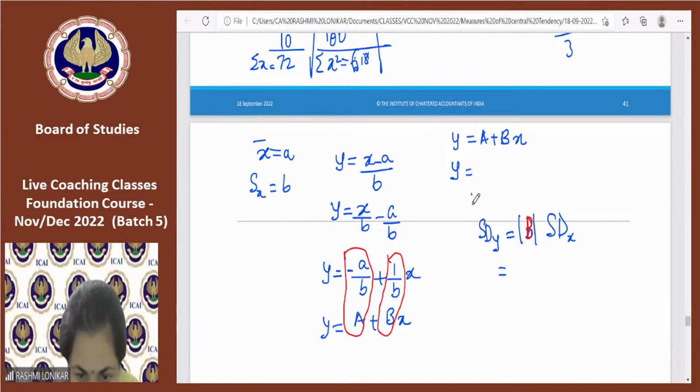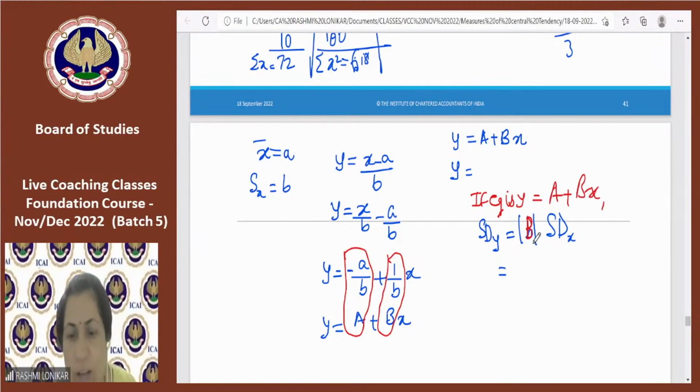So if the equation is y is equal to A plus Bx, then the standard deviation of y is mod B times the standard deviation of x. Now what is B here? Capital B is 1 upon b. And the standard deviation of x is already given to me as b.